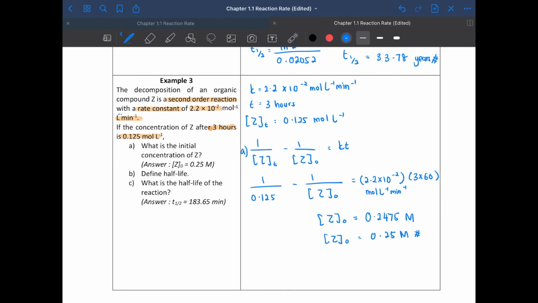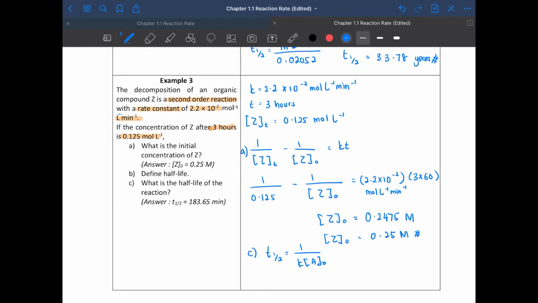Okay, and then for definition of half-life, boleh rujuk nota lah. The half-life is defined as time taken for the concentration of Z to decrease to half of its initial concentration. So saya proceed terus kepada C, what is the half-life of the reaction. Since this is second order, our formula for half-life is T half equal to 1 over K times concentration A0.